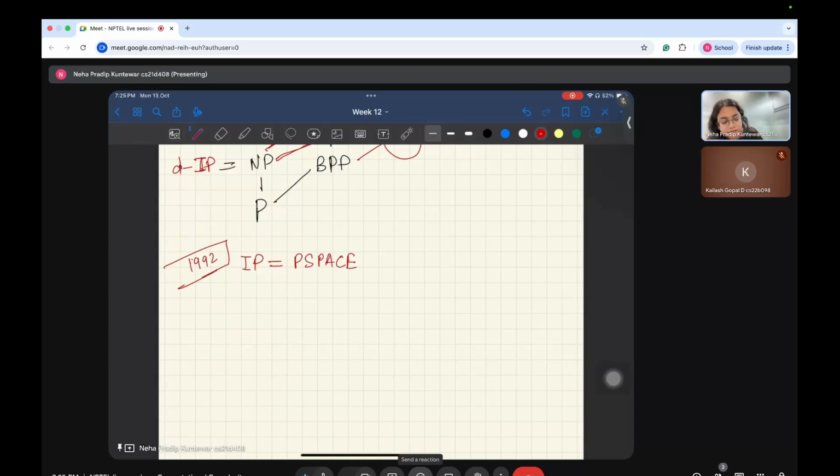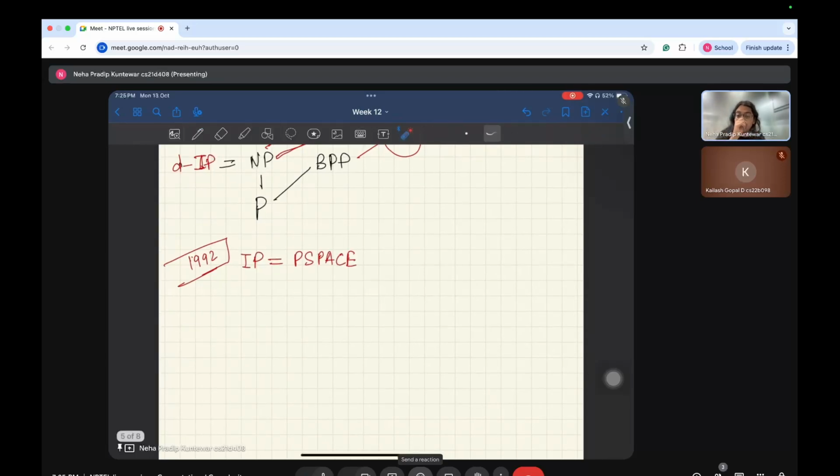So any language which has an interactive proof, so whenever we don't write the number of rounds, like I said earlier, we mean polynomial number of rounds. So naturally the length of the queries are also restricted, and the verifier is a polytime verifier. Although we'll not be writing this poly, implicitly we always mean that the number of rounds is polynomially many.